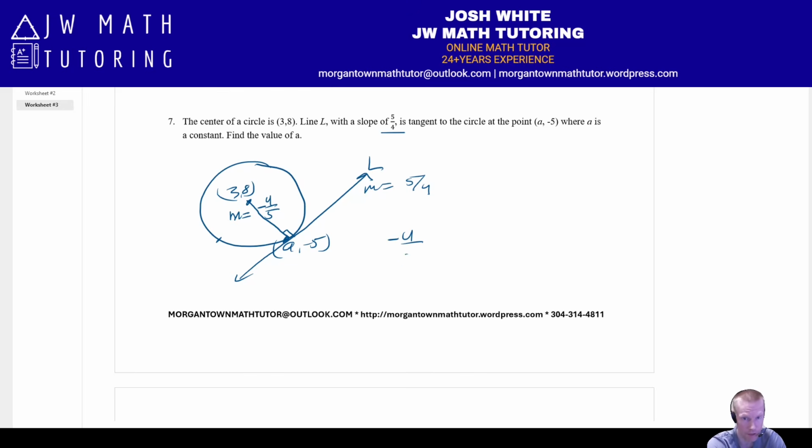So essentially what you have is the slope of this radius of the circle, negative 4/5, equals 8 minus negative 5 over 3 minus a. Now at this point, I would just go to Desmos and type the whole thing in.